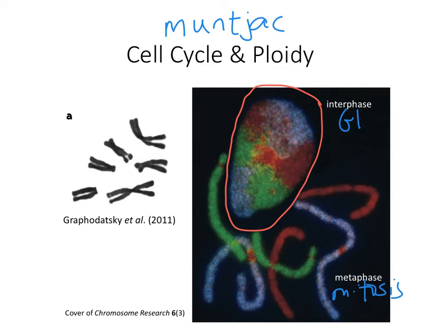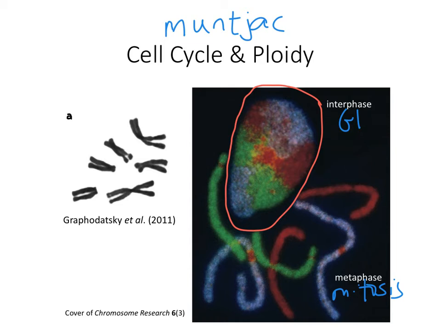Anytime you see chromosomes as discrete objects, that's the point of the slide on the right. Anytime you can see something that looks like something we call a chromosome, not just a blob like those interphase blobs, when you see something as a line or an X or a Y or something like that, I guarantee you're looking at metaphase. That's the only time during the cell cycle when the chromosomes are compacted.